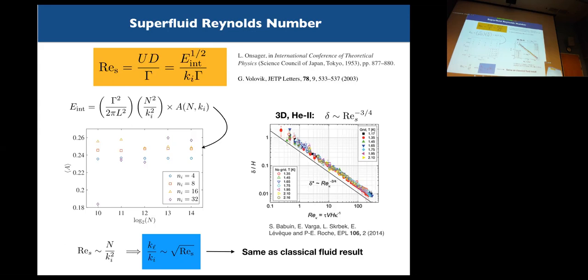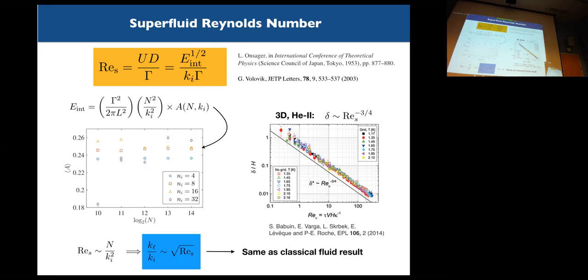What that means is that the superfluid Reynolds number is basically the number of vortices divided by the initial wave number squared. If you replace this with the definition for the average intervortex distance, you find that the ratio of these wave numbers is exactly the square root of this parameter, which is exactly the same as what you get out of the classical result in Batchelor theory.